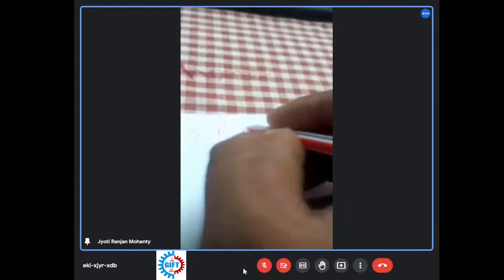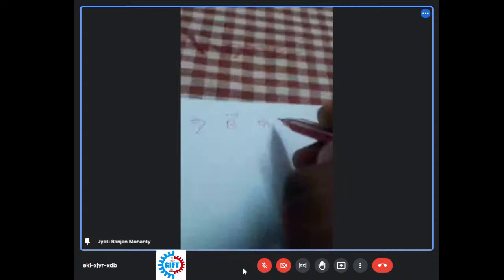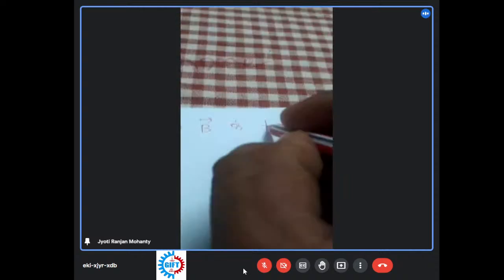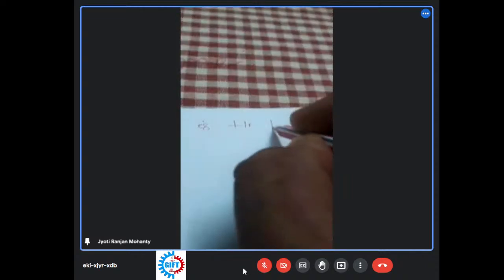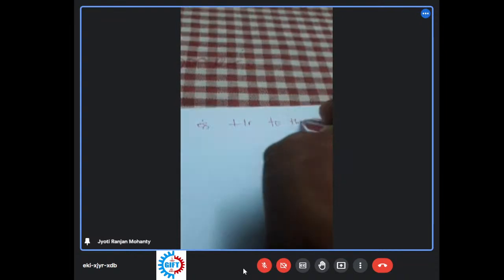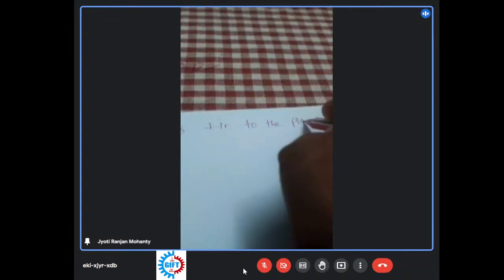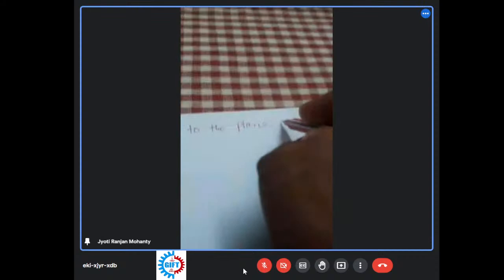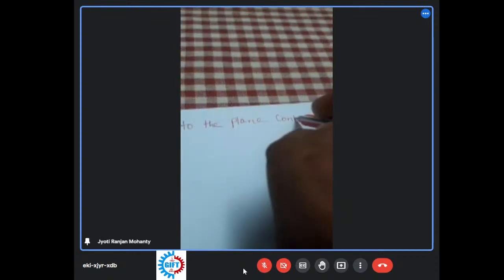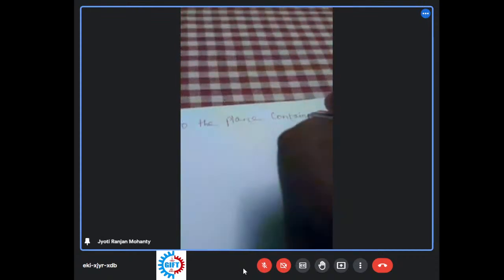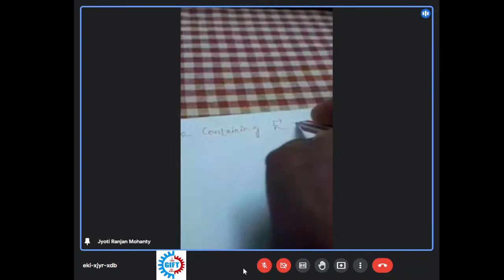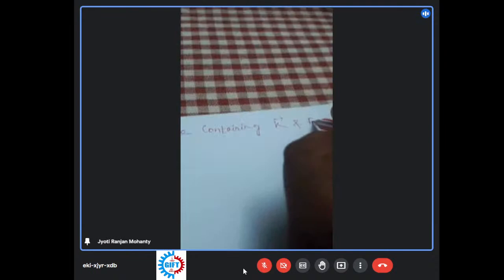So you can write, this implies B vector is perpendicular to the plane containing K and E vector.